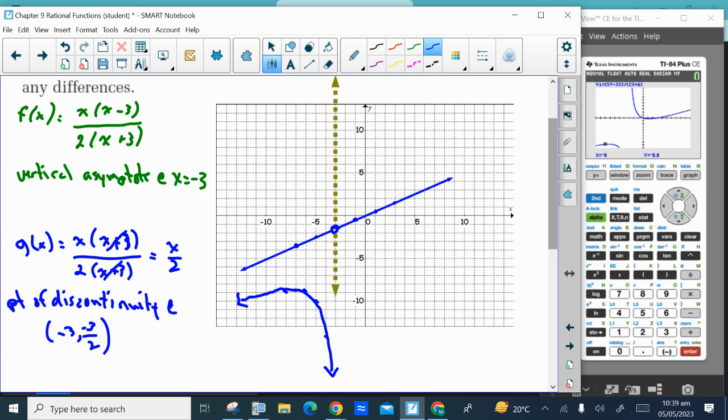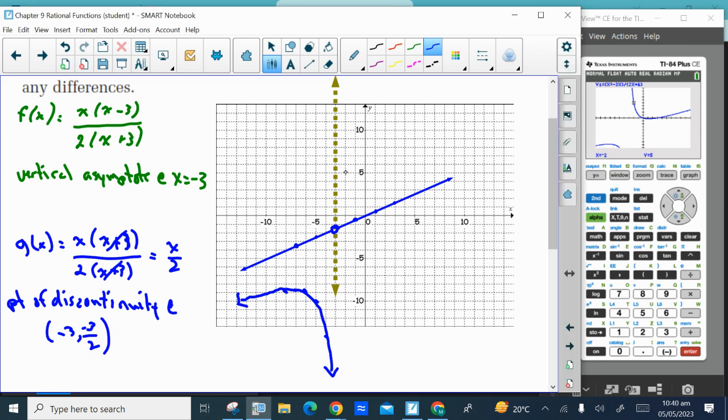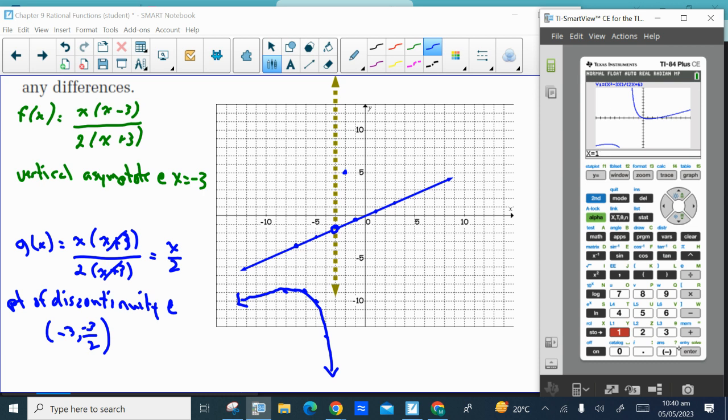Okay, so on the right side, let's let x equal negative 2, negative 3. Oh, sorry, negative 2. That was right the first time. We get positive 5. Negative 1, we get negative 1/4.